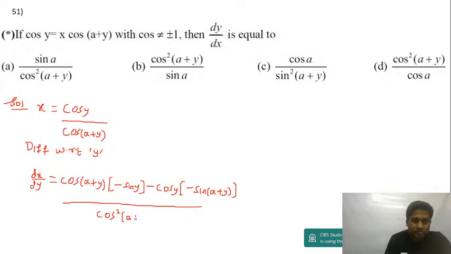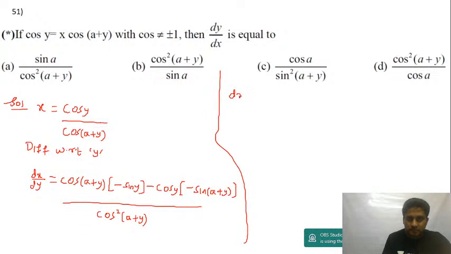So I just use u by v. Okay, I'm going to use the quotient rule. So this becomes dx by dy. Now dx by dy is equal to, first I'll write this minus and this minus will be plus.